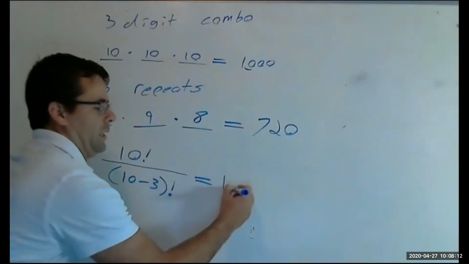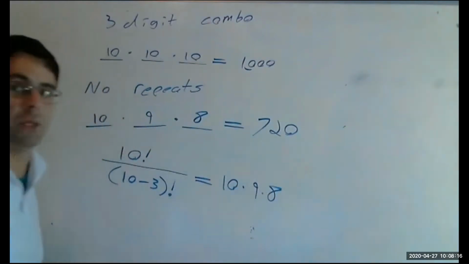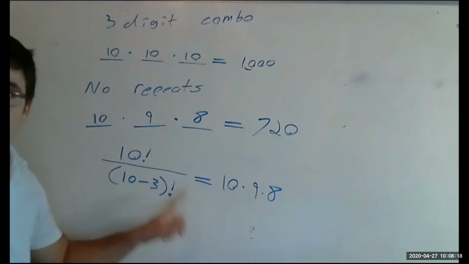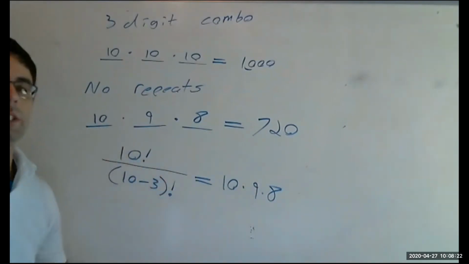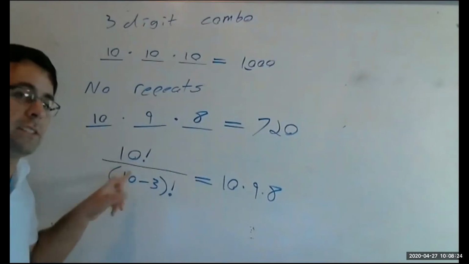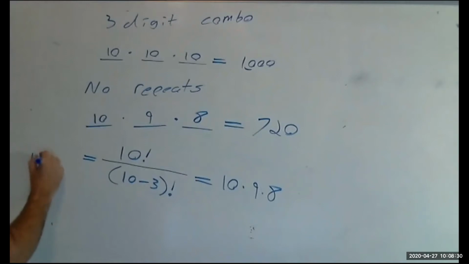And what you're left with is 10 times 9 times 8. So you only have the first 3 of the numbers in the 10 factorial. There's a shorthand for this, and it looks like this.